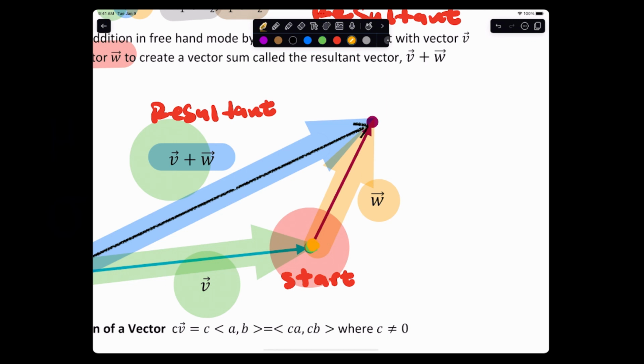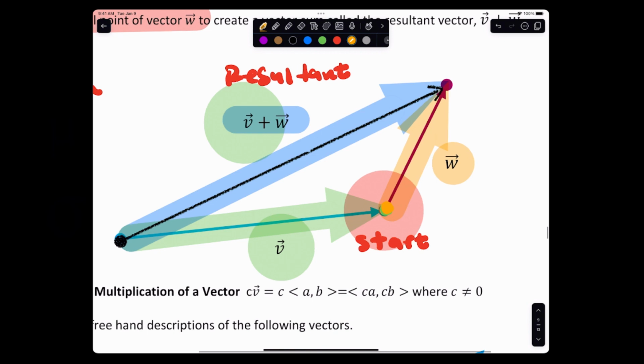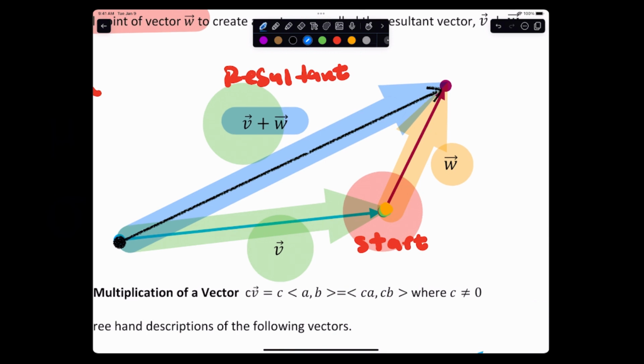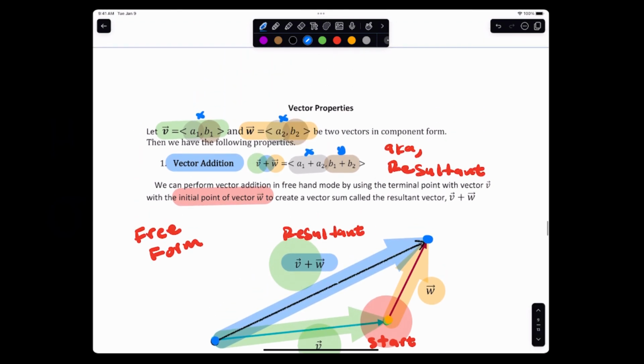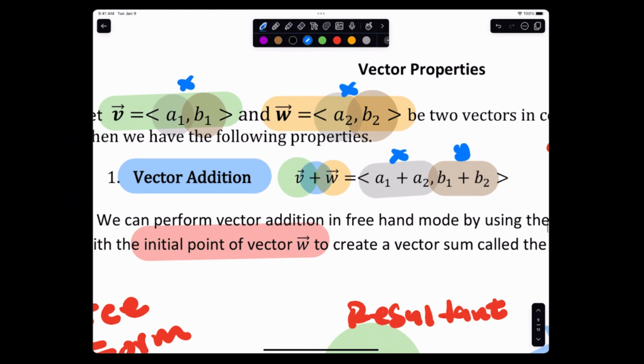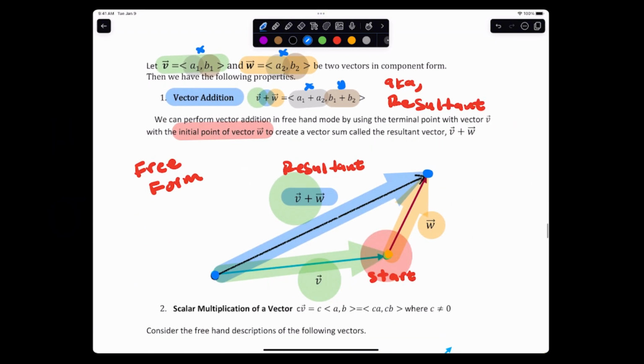Initial point for vector W. And as you guys can see, we create those two vectors. The sum will be this in blue. It'll be the initial point for V, and then the terminal point for what? W. So we're going to get back to this graphical method of adding vectors. This is a vector sum, but we're going to introduce to you the component form today, meaning add the components. All right? So anyway, let's look at that here.